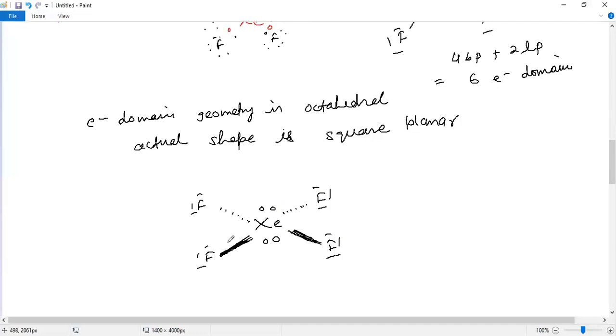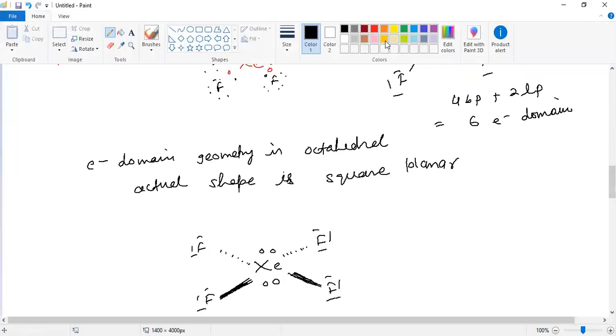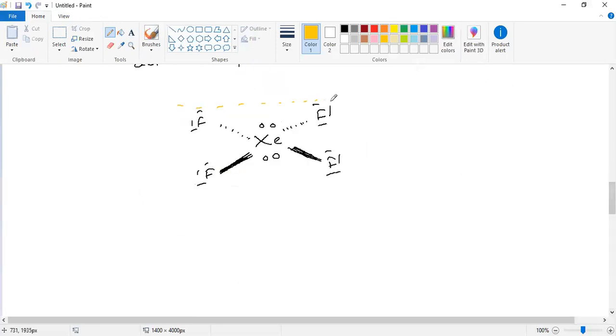We can imagine this shape as a square-based structure: 1 lone pair above the plane of the square and 1 lone pair below the plane. This makes the structure a square planar structure. Let's look at the shape again. This is the shape.